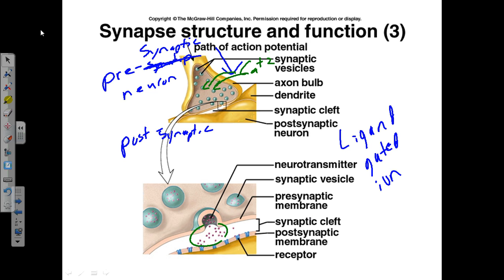And in this case, it opens. And that causes what to flood into the postsynaptic neuron? Sodium ions. And that's the beginning of what? That's the beginning of the action potential in the next neuron, the movement of sodiums, because it's generating electricity. So that is kind of how it happens.